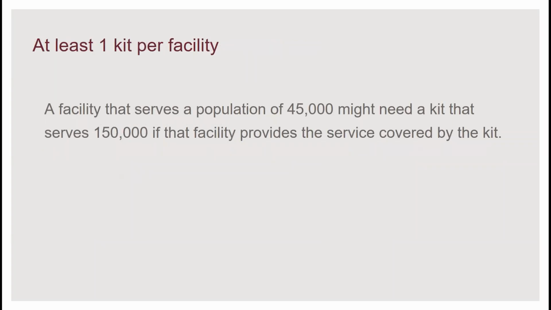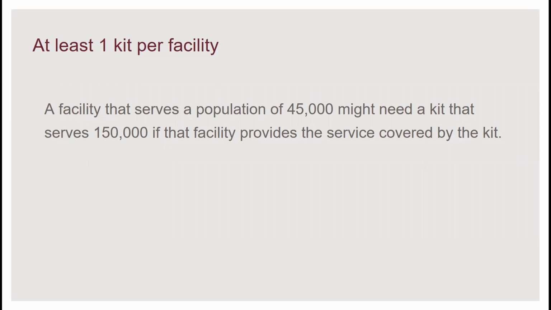We also noted this before in our discussion of forecasting, but want to mention it again here as a challenge. For each type of kit that will be used, you likely need to forecast at least one kit per facility that provides a service, even if the facility does not serve a target population as the size planned for in the kit, such as the kits for a population of 150,000 that we referred to earlier for referral hospitals.